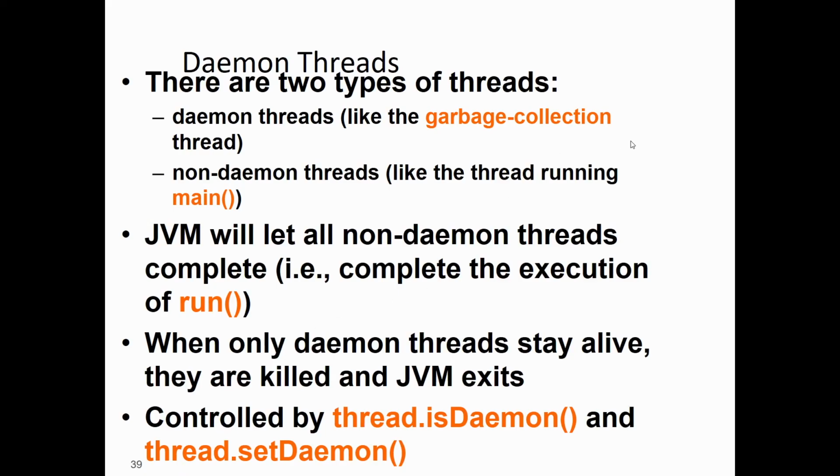The difference is connected with finishing the execution of the application. The application finishes when all non-daemon threads finish. So if a daemon thread is running and the main thread finishes, the application finishes. When only daemon threads stay alive, they are killed and the virtual machine exits.